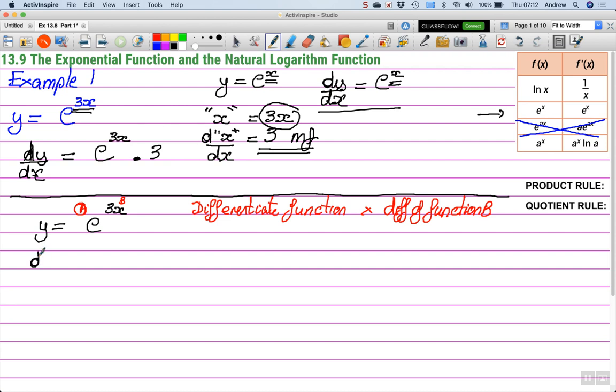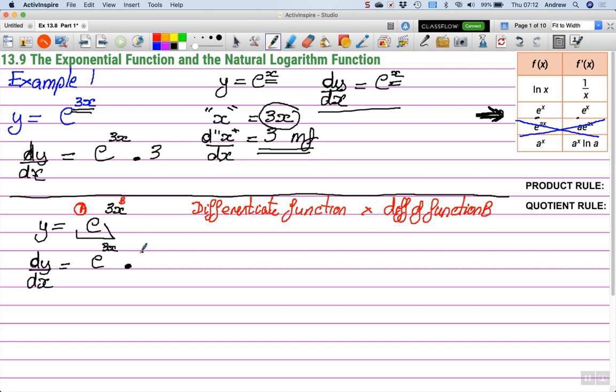So here, what do I know from the formula? I'll highlight the formula again in a few minutes. When I differentiate an e function, it does not change. It remains the same. So when I differentiate this function here, the e function, it doesn't change. So it's e to the 3x.